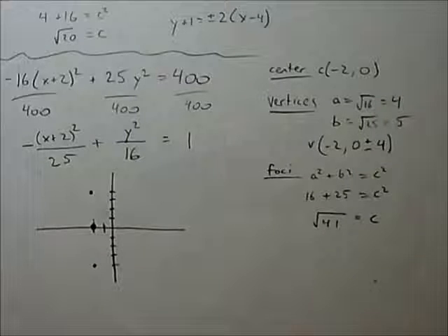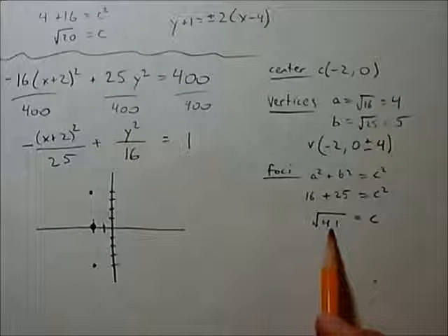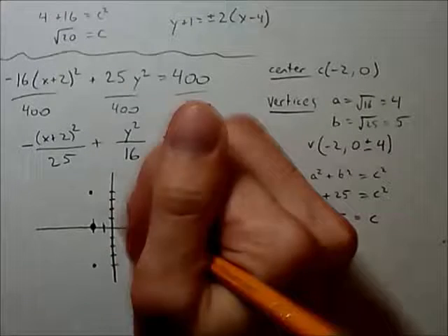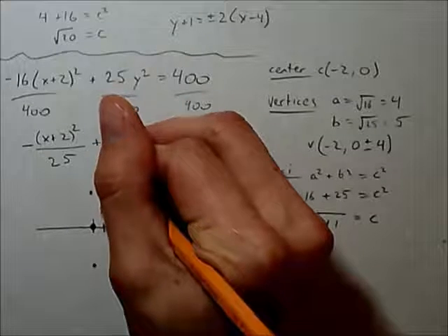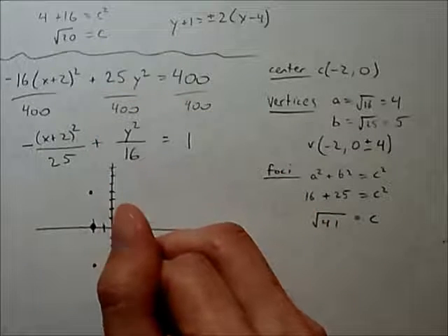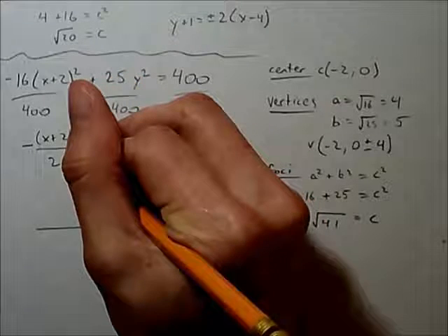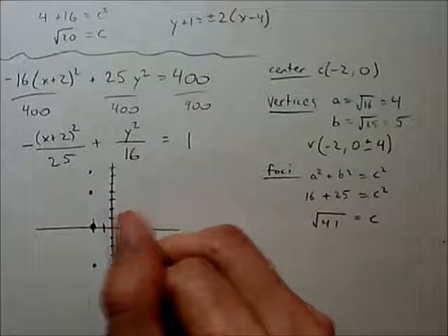Now, 36 has a square root, that's 6. 49 has a square root, that's 7. So we're somewhere in between 6 and 7. So we'll count up 6 and a little extra. 1, 2, 3, 4, 5, 6, and some more.